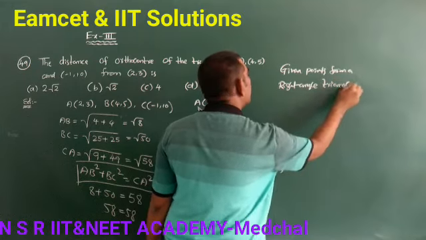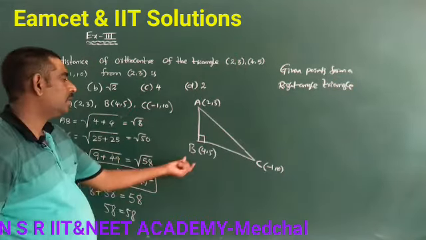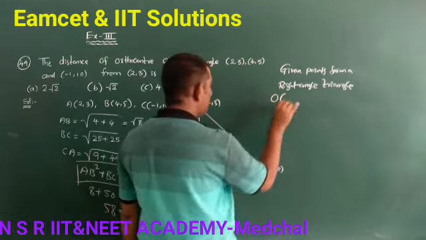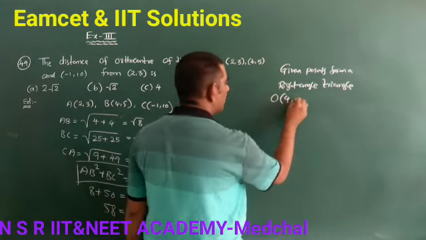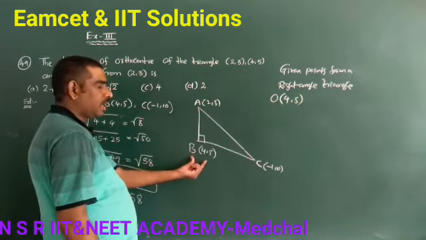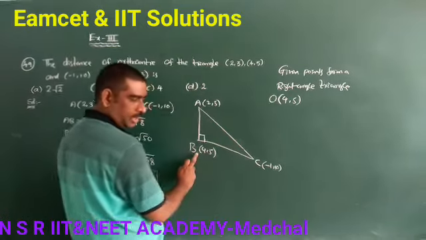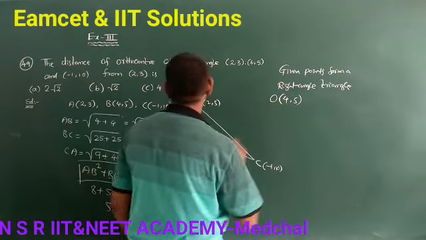In a right angle triangle, the orthocenter is at the right angle, so the orthocenter is (4, 5).